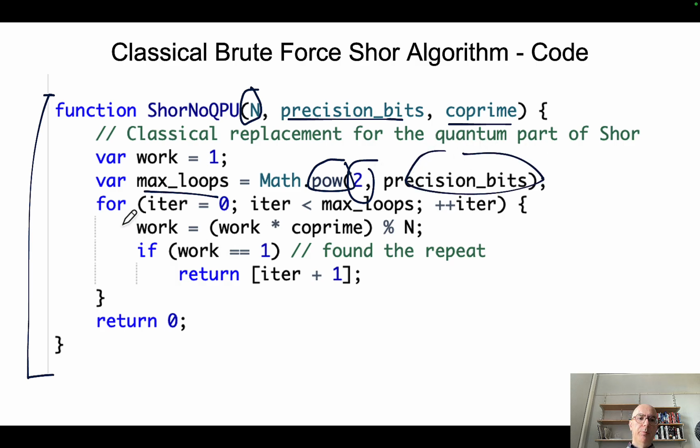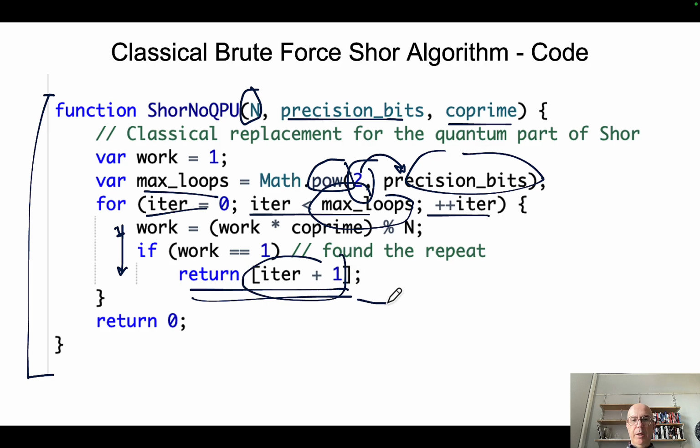And then we have a loop where we check if the sequence is actually repeating. This is called the repeating period. The most important part is to look at the counting of this loop. You see here the iteration goes up to the max loop, that is 2 to the precision bits. And the output of our iteration is the number of iterations, and this will be the repeat period.